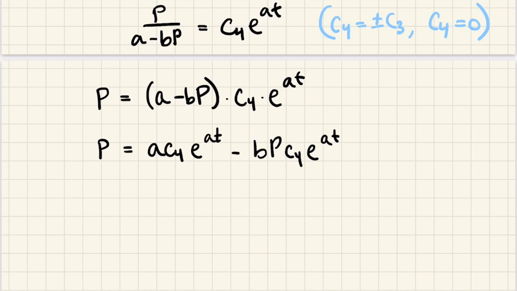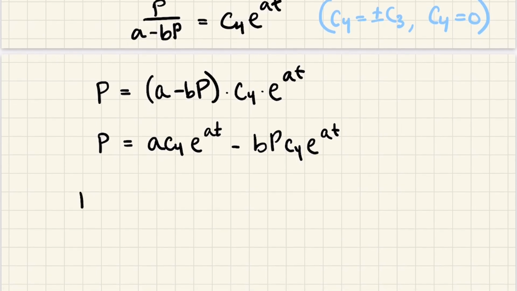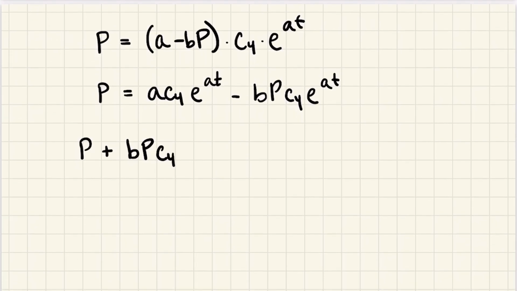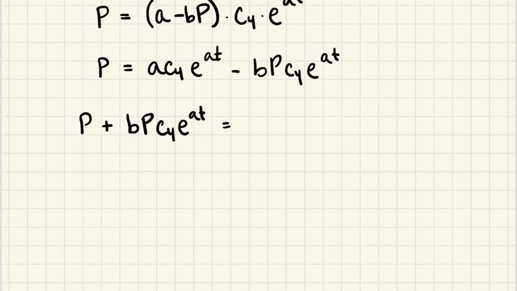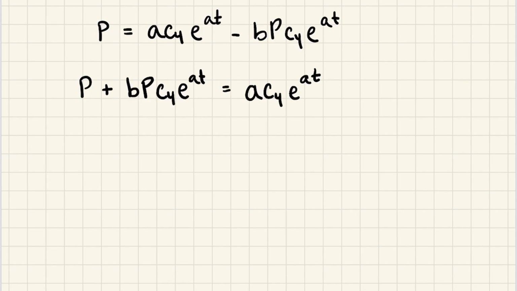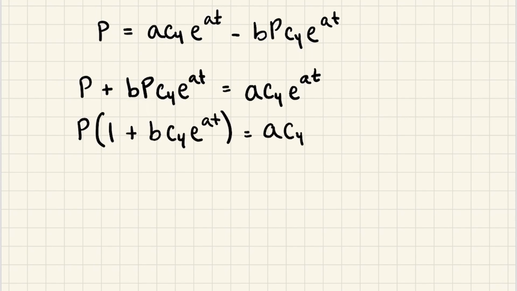All right, bringing all the terms with p together, we have p plus bp c4 e to the at is equal to a c4 e to the at. So we can now finally factor p on the left, and we're almost done getting it isolated. And dividing everything by that 1 plus stuff, we get this.